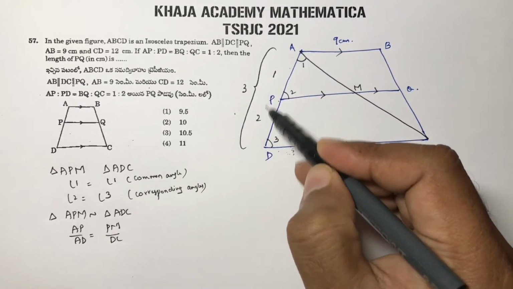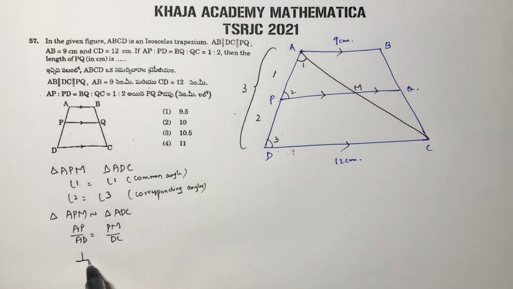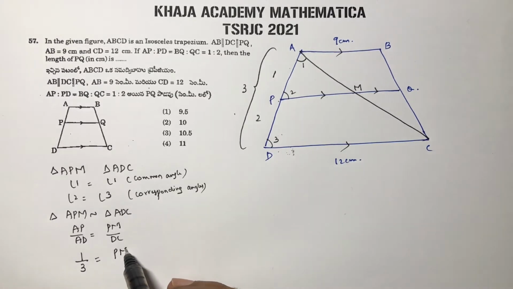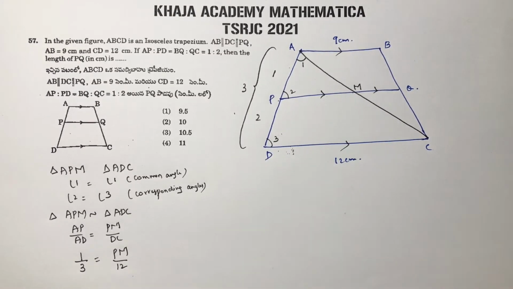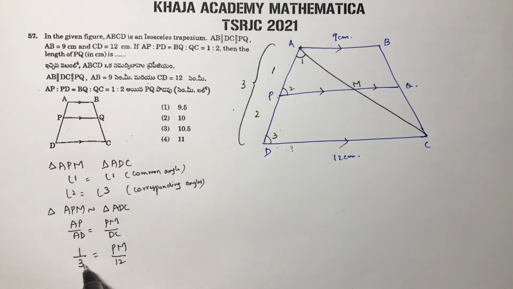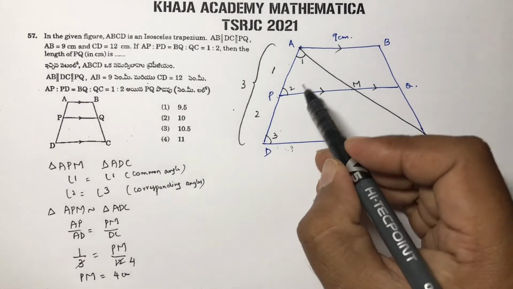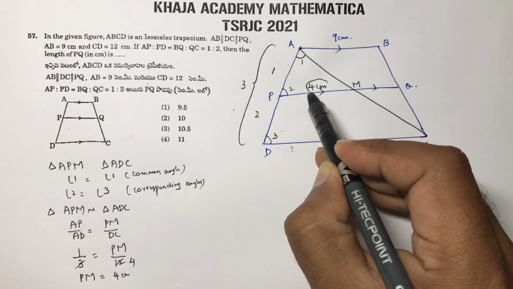This is 1 part, this is 2 parts. So AP is 1, then AD will become 3, PM and DC is given as 12. So if we simplify, 3 times 1, 3 times 4, so PM is 4 centimeters.